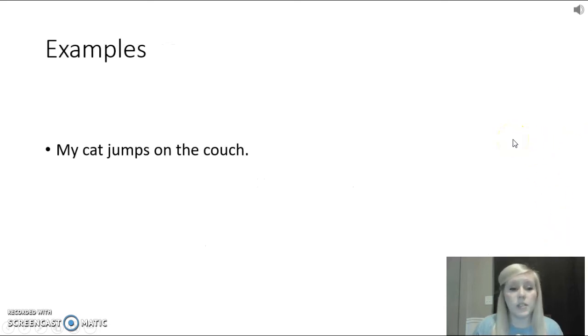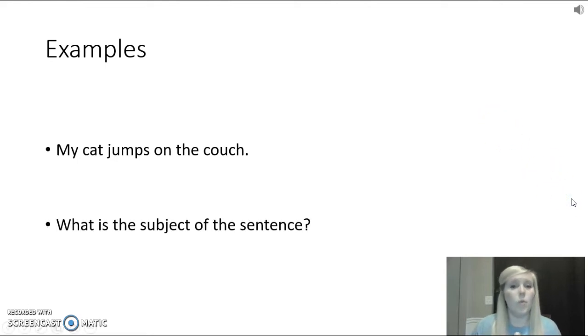So here is an example. The sentence says, "My cat jumps on the couch." Our first question: what's the subject of the sentence? If we look at it, we can see that cat is the subject. The next question: what's the verb? Now that we know what the subject is, we can decide what the verb is.